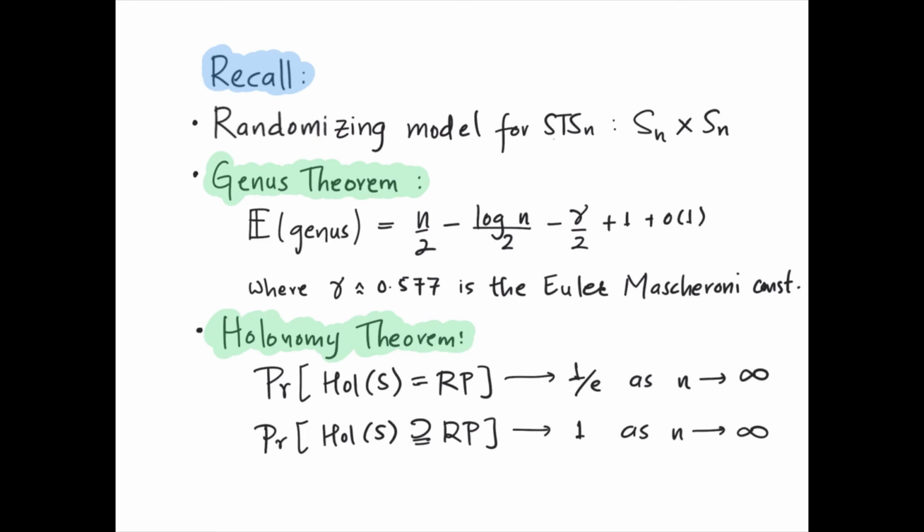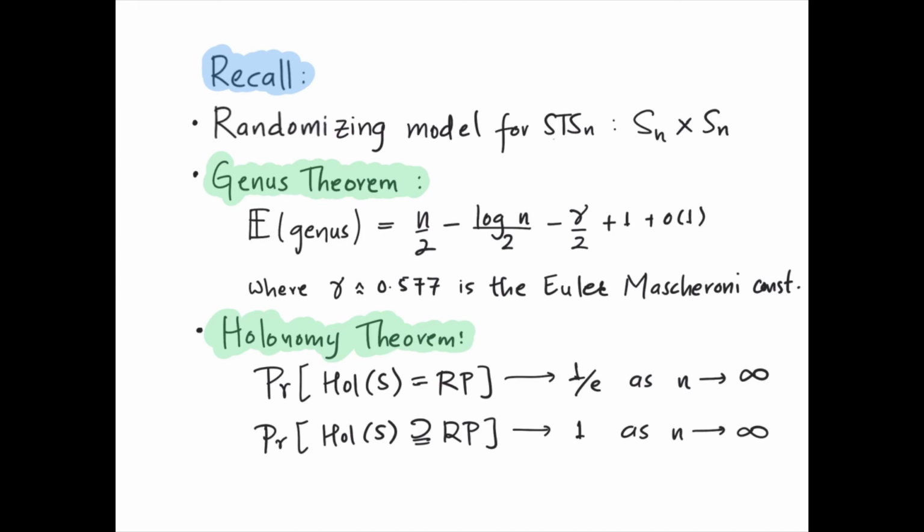Recall that the randomizing model we are using for n square tile surfaces is Sn cross Sn. Recall that the genus theorem said that the expected genus has a linear growth n over 2 with precise second order and constant terms. And recall that the holonomy theorem gave information on holonomy sets of random square tile surfaces.